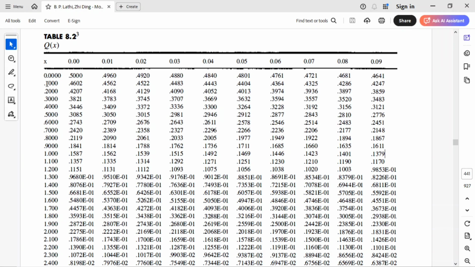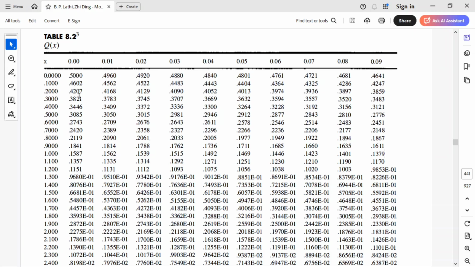For x equal to 0.01, Q of x is 0.496. For x equal to 0.02, Q of x is 0.492. Like that. So for x equal to 1, Q of 1 is 0.1587. This table gives the different values of x from 0 to 10 with increments of 0.01.